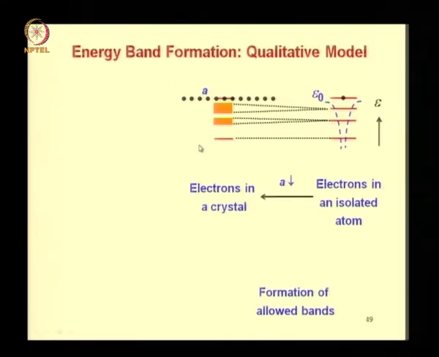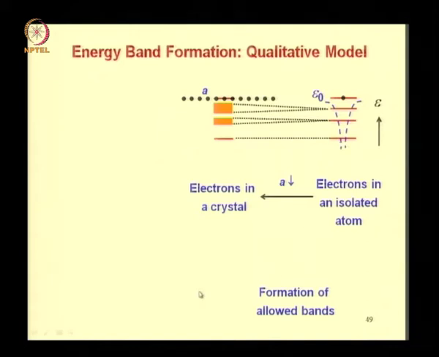Thus the formation of allowed bands from an isolated atom is what we have discussed just now. So the approach we have taken develops the allowed bands from energy levels in an isolated atom.